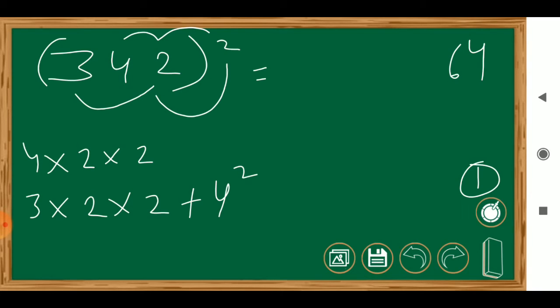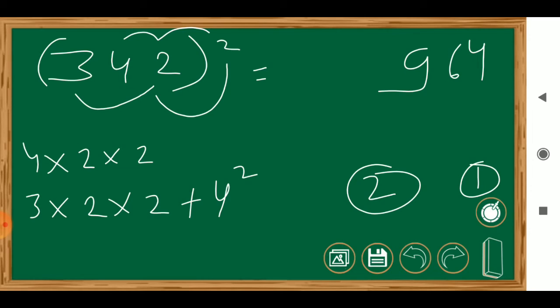It is 3 times 2 is 6, times 2 is 12. 12 plus 16 is 28, plus 1 is 29: 9, 2 carry.